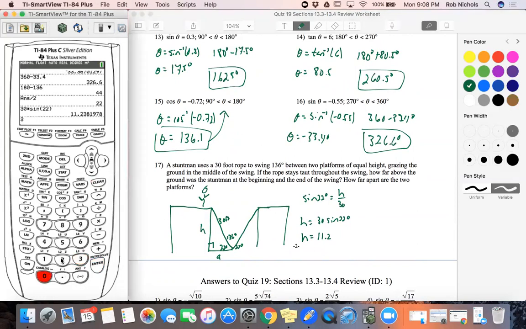What if I do 30 times the sine of 44? That's probably too much.